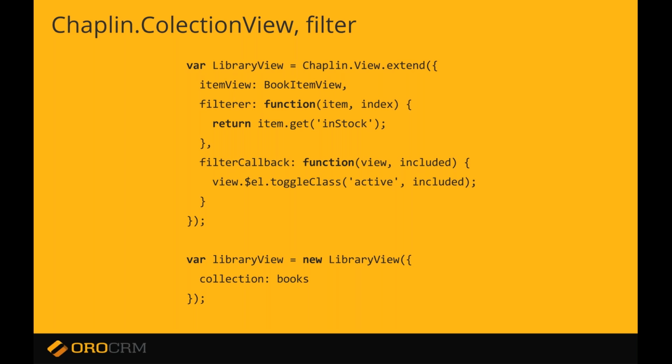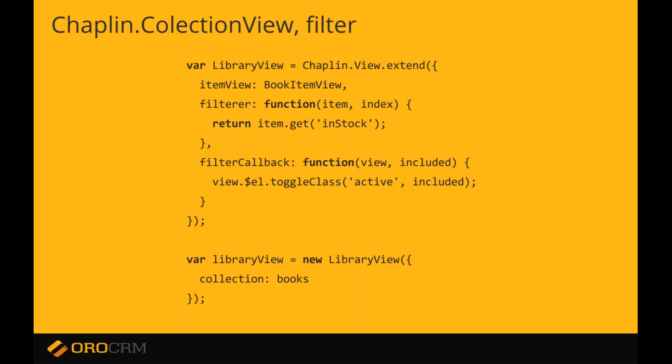So with filter callback, we can specify what class or what appearance have to be for certain items. So we get into filter callback two arguments: view item and is it included, or is it excluded, Boolean flag. And regarding on these arguments, we can update the element in a certain way.